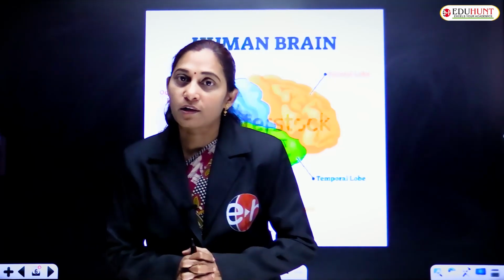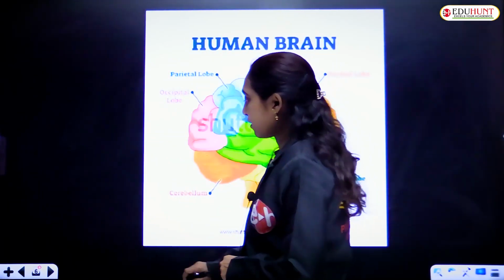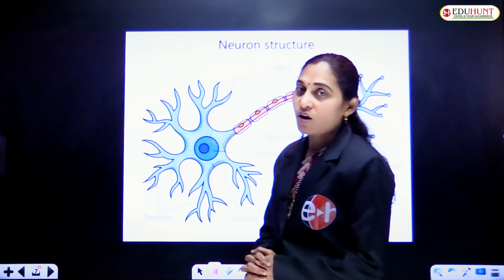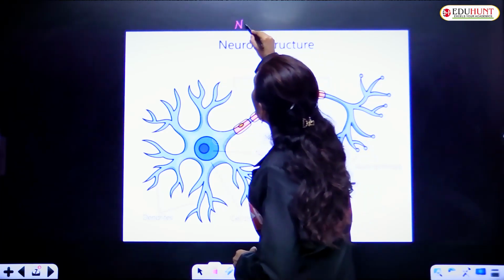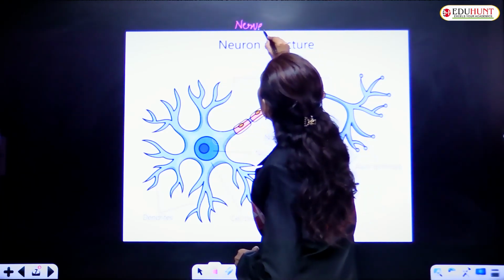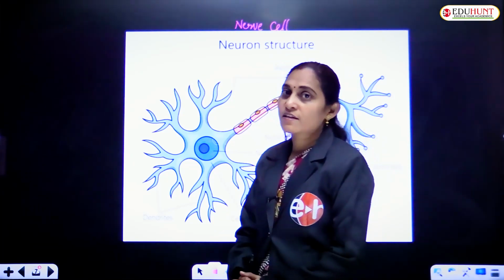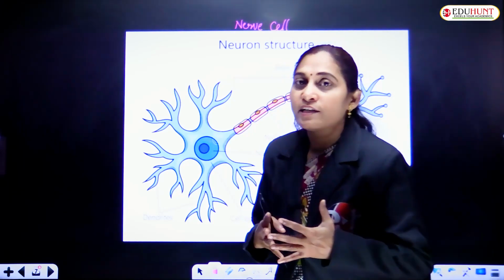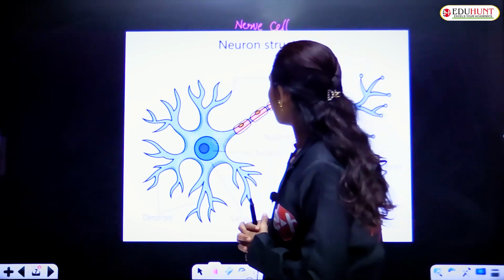Which is the unit of control? That is the neuron. Neuron is the unit of control, commonly called the nerve cell. Nerve cell is the neuron which controls the nervous or neural coordination.